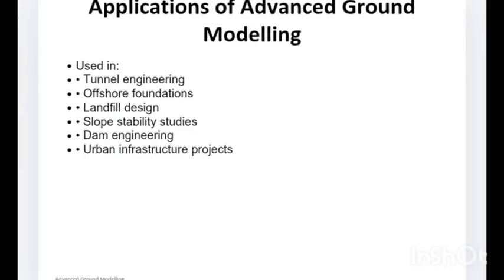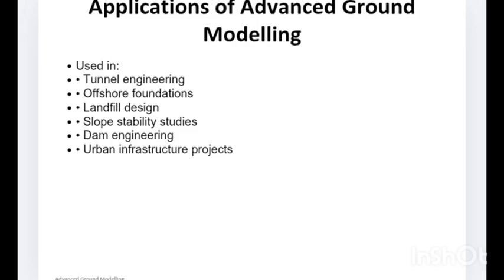So, applications of advanced ground modeling. Advanced ground modeling has wide applications in engineering practice. One is tunneling engineering. Ground models help predict rock quality, fault zones, water inflow, and excavation stability.